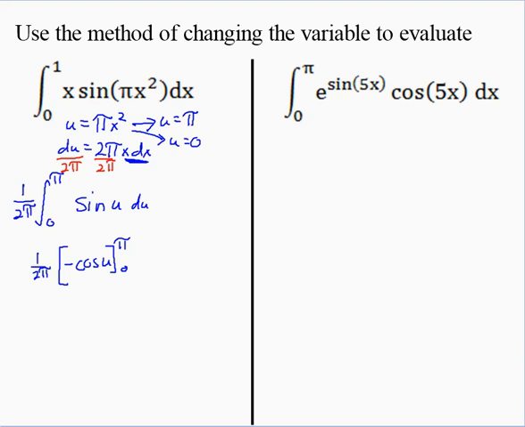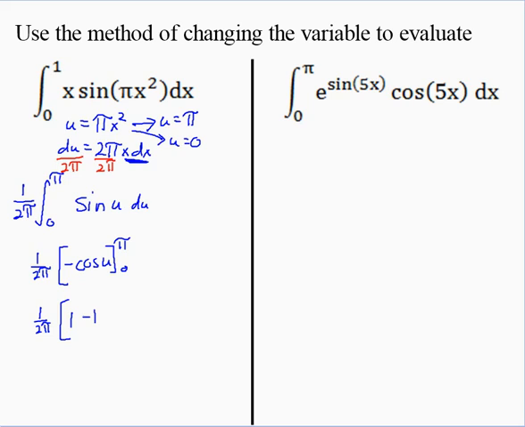So we plug in pi. Cosine of pi is negative 1, but it's a negative 1, so we have 1, and then plug in 0, minus 1. So cosine of 0 is 1, but we have a negative 1 here.